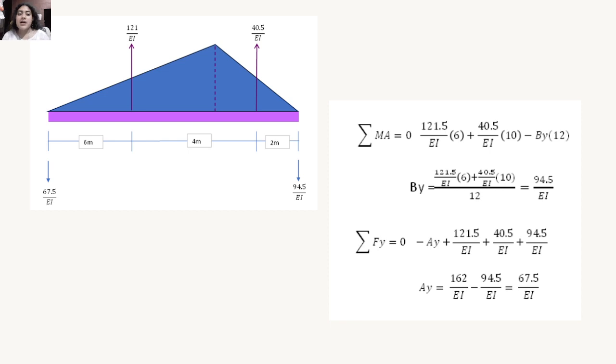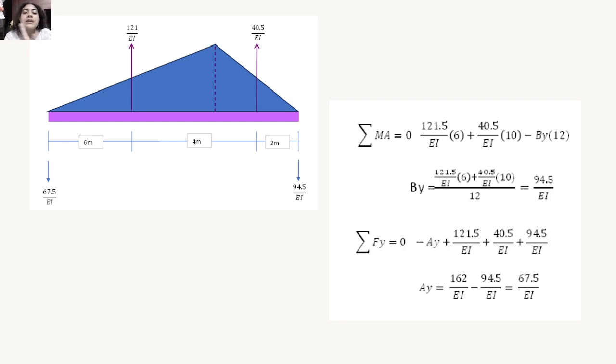Then I divide my triangle into subsections: my large section, my less section and my small section.